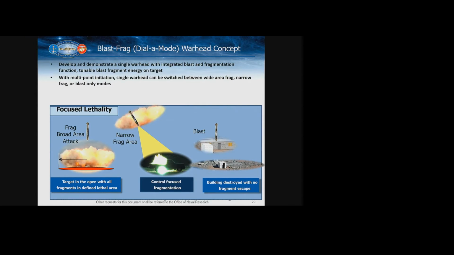And for internal blast, you would basically want to initiate it so that you get a projection of powder and set it off inside the target so that you get an internal blast.